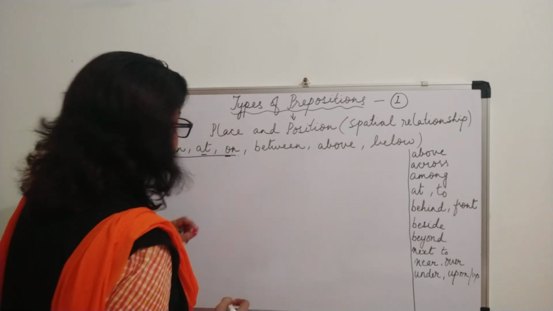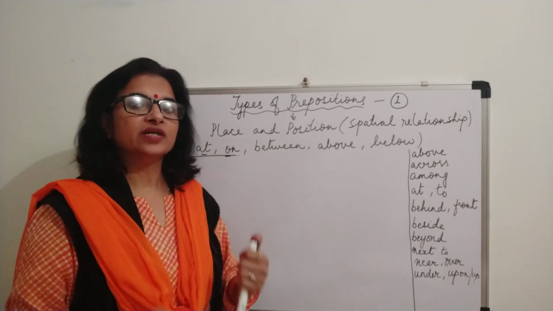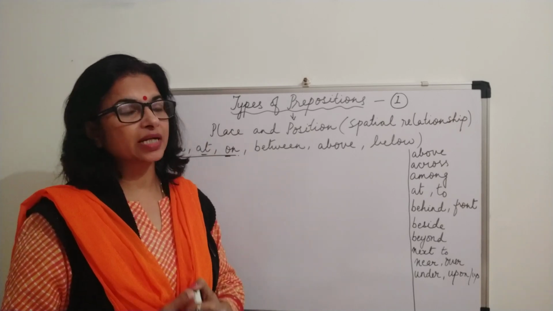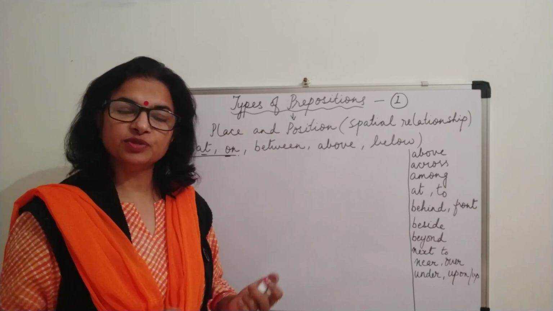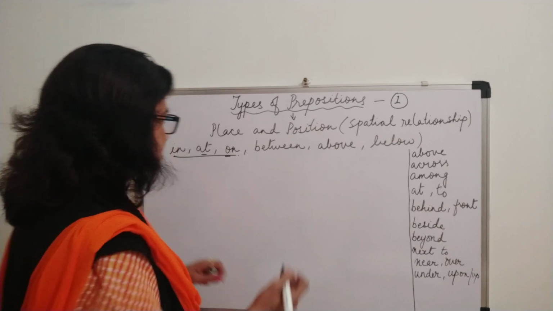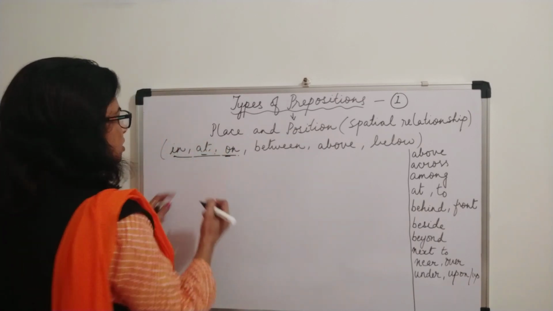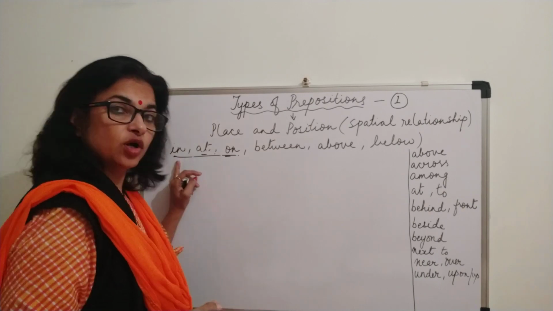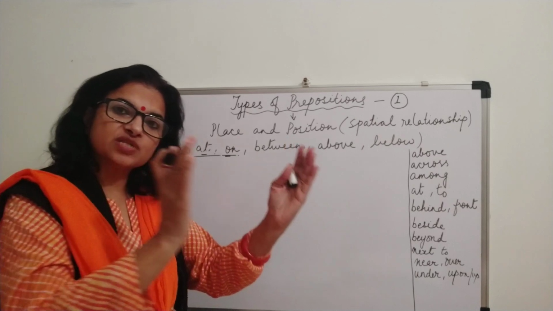Okay. Now many a time, like if I say I live in Jodhpur. Now whether it's correct or not, I live at Jodhpur. So there's a confusion between in and at, isn't it? So what are we going to use, in or at? Now in we always use for a bigger place, and at we use for a smaller place.